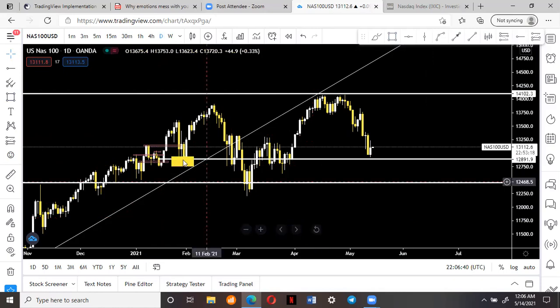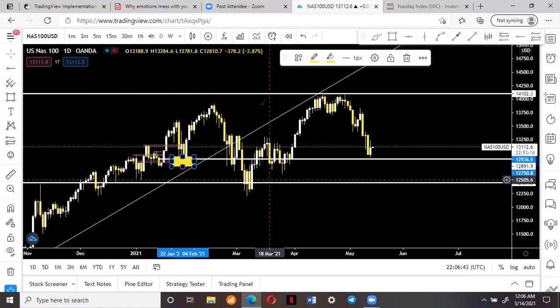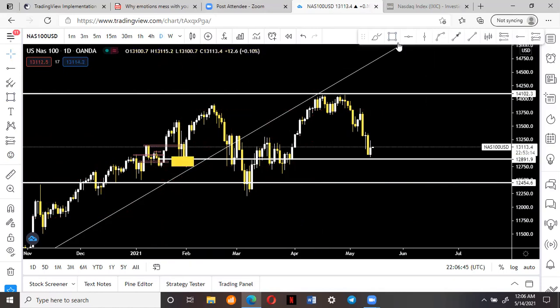We have our strong level of support here. We had it, and we had another one here, and here again with the stop hand there.